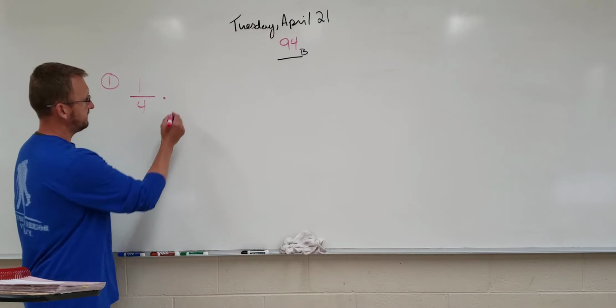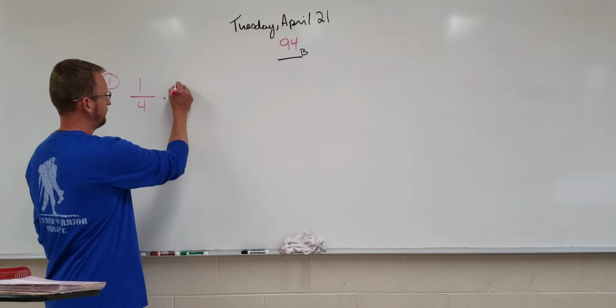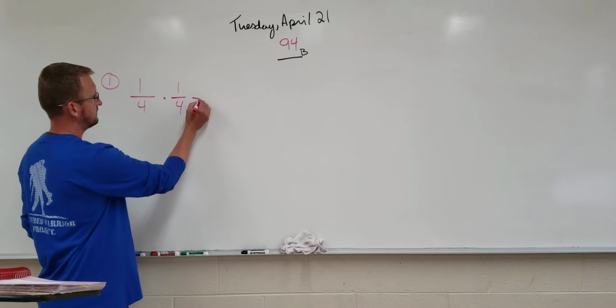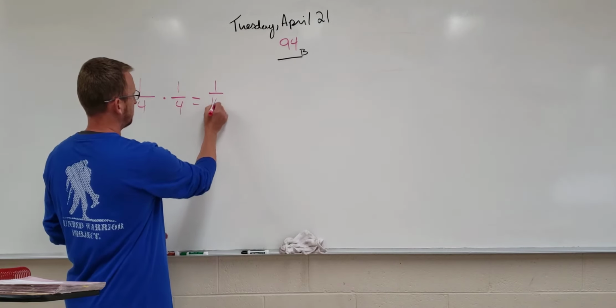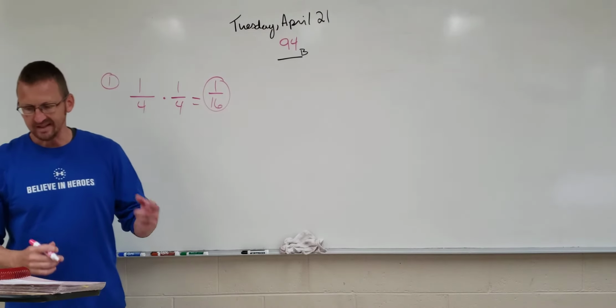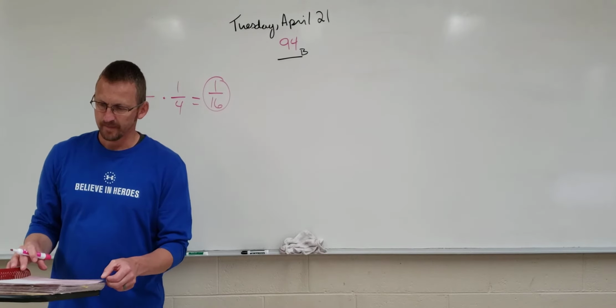And the probability of getting a 1 on that spinner is also 1/4, as there's only 1. Now we simply multiply. 1 times 1, 1. 4 times 4, 16. So the probability of getting a 2 and then a 1 is 1 out of 16.